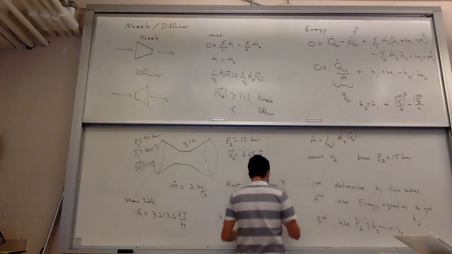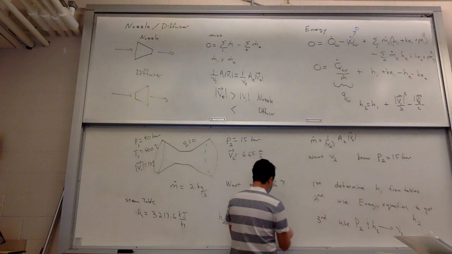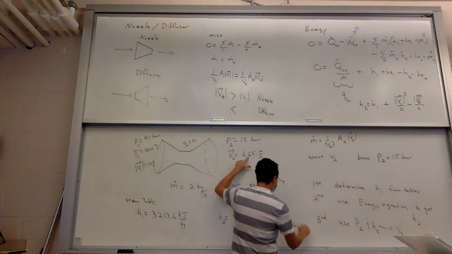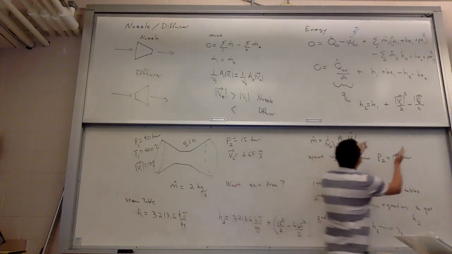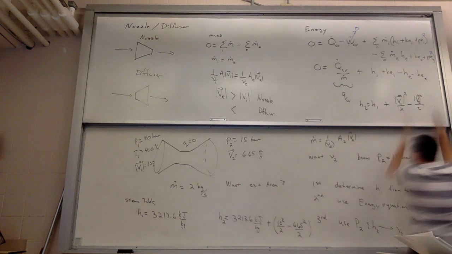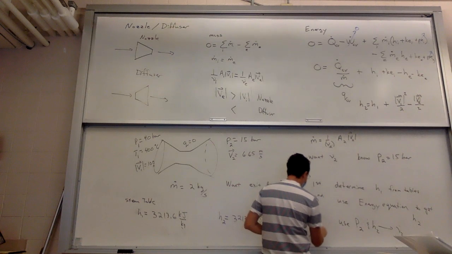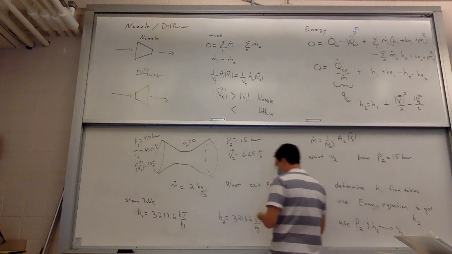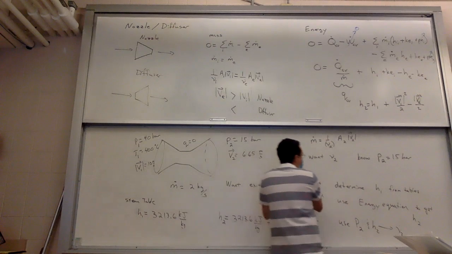If I write it out literally, without making any assumptions, I get 10 squared over 2 minus 665 squared over 2, and the units on this term are joules per kilogram. So far I haven't made a mistake.